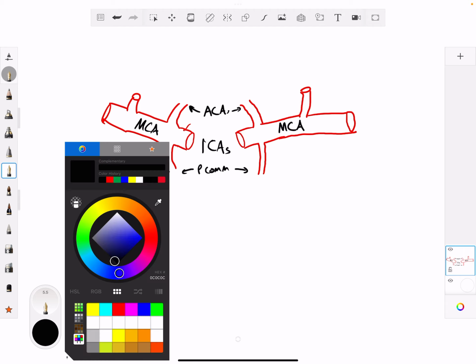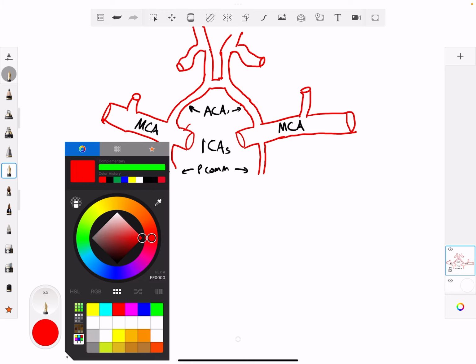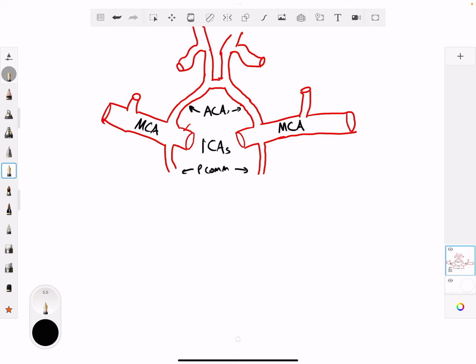All right. So let's connect the top. So our anterior cerebral arteries are going to run on up, and they're connected by the anterior communicating artery. From here, we'll have a deep branch and a superficial branch. Do a slight little bit of labeling here. Anterior communicating.